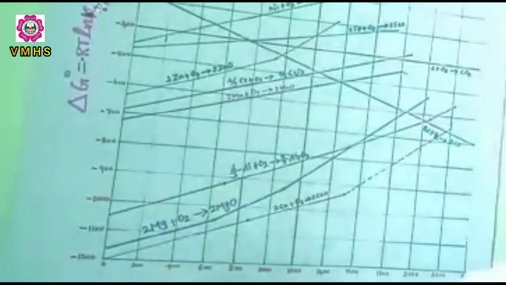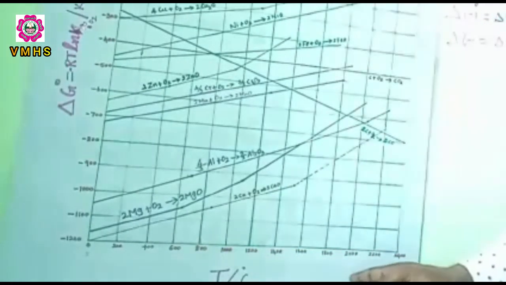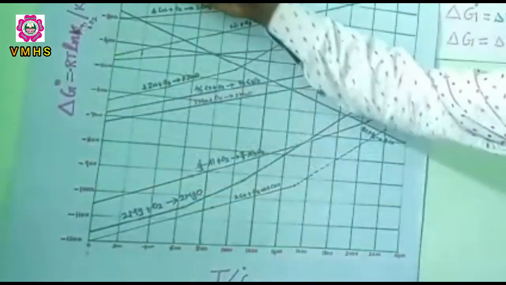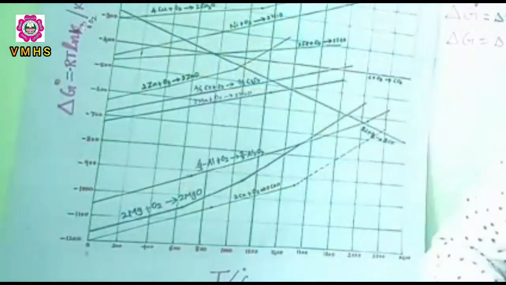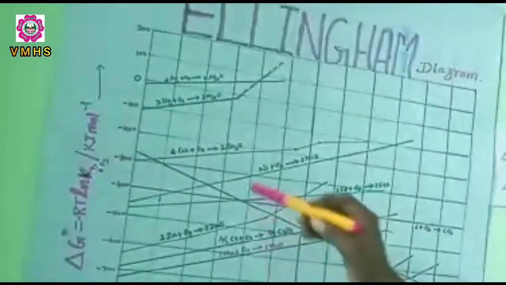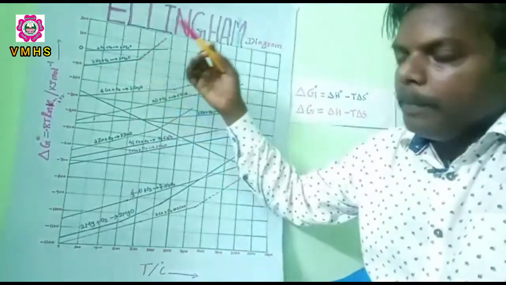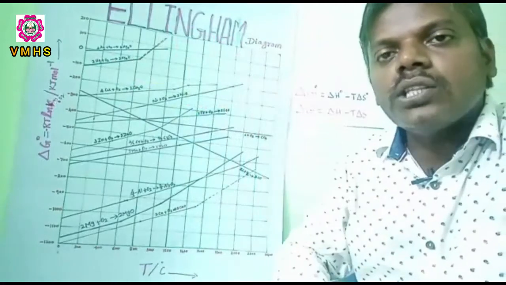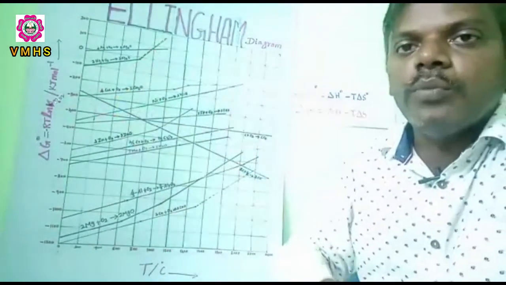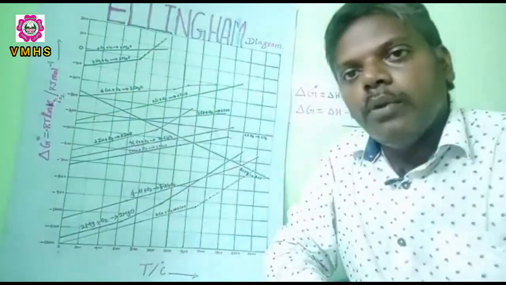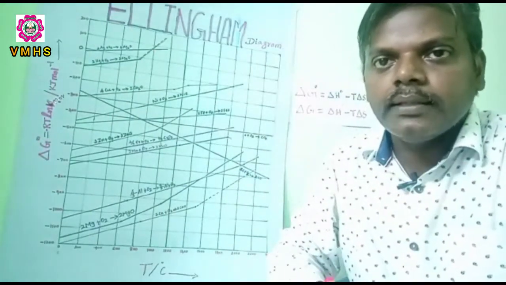Observation number 3 says that as the temperature increases, the delta G0 value for the formation of metal oxide becomes less negative and becomes 0 at a particular temperature. Above the temperature, the metal oxide is less stable, and below the temperature, the metal oxide is more stable.